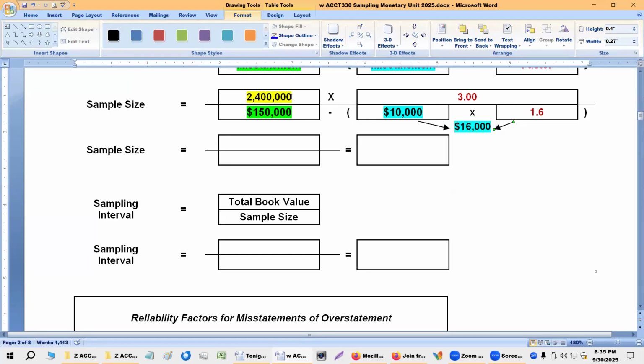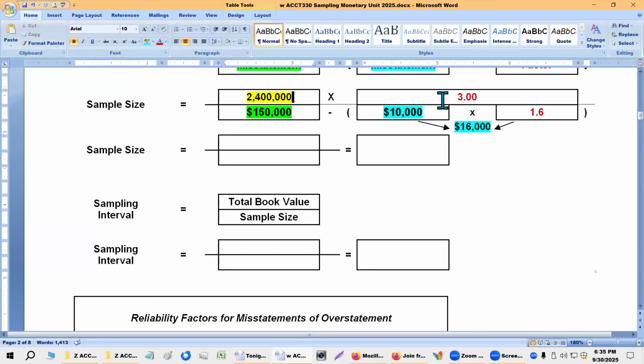So, okay, so let's take a look here. So 2.4 million, 2,400,000 times 3 is, get out your McLaren orange calculators, or your phone. So 200,000.